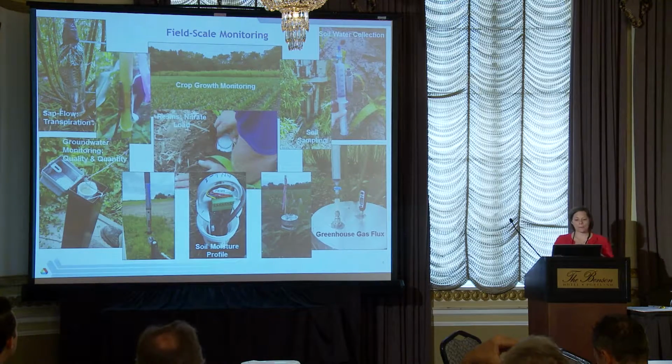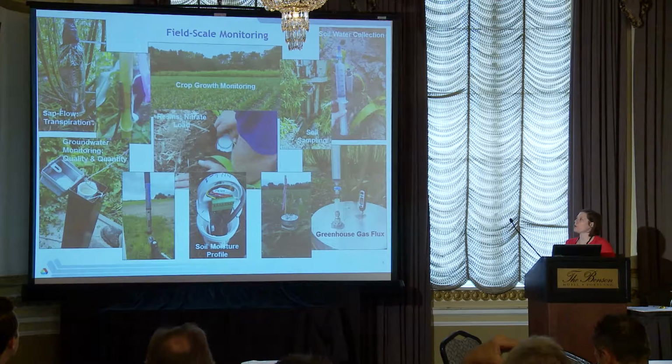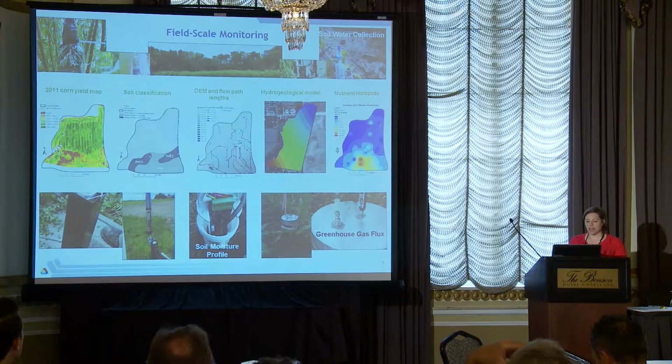So how do you do this? In order to strategically place these crops within the landscape, you have to come up with some field scale monitoring regime. From here, we can look at areas that are nutrient hotspots.